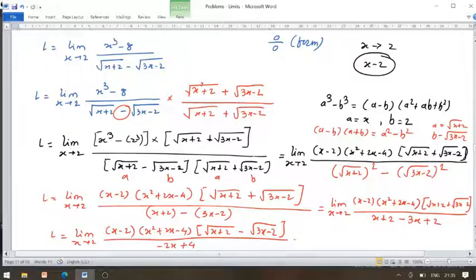So after taking minus 2 common from the denominator, we get it is of the form: the remaining terms as it is from the numerator, keep in mind, root of (x plus 2) plus root of (3x minus 2), whole divided by.